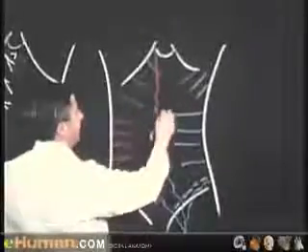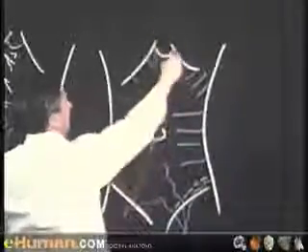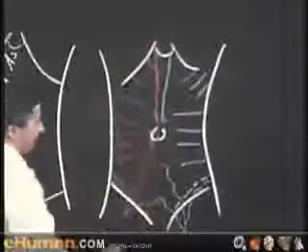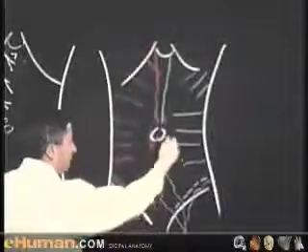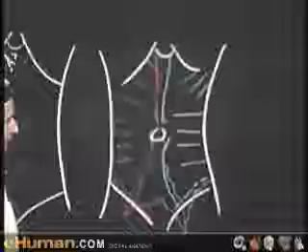Now, lying in the rectus sheath, we have running up here the superior epigastric vein, which goes into the internal thoracic vein and so drains up to the subclavian vein. And down here, we have the inferior epigastric vein, which drains down into the external iliac vein.